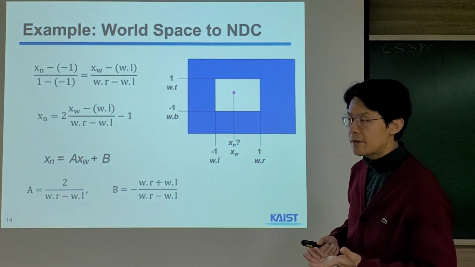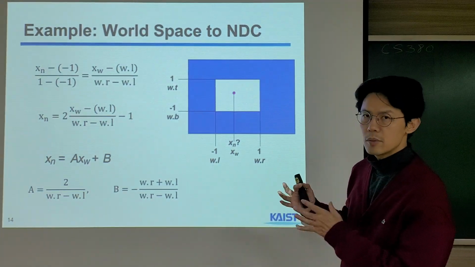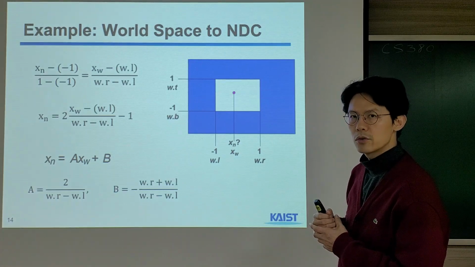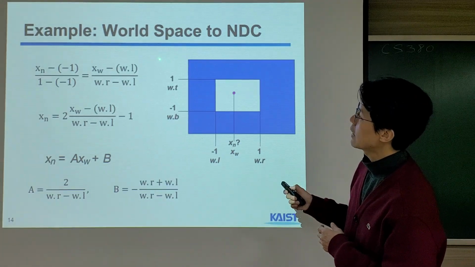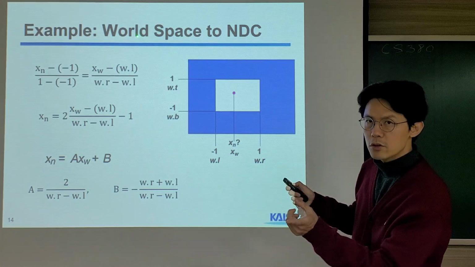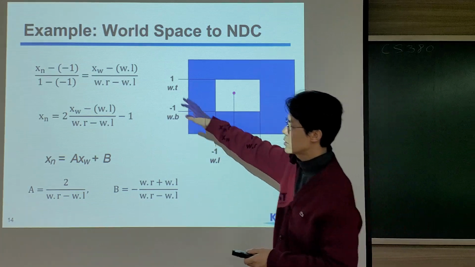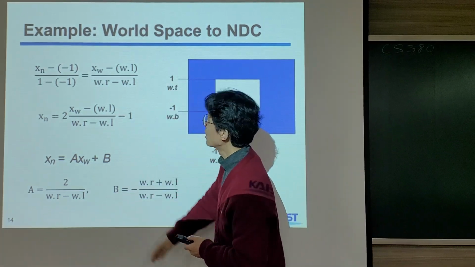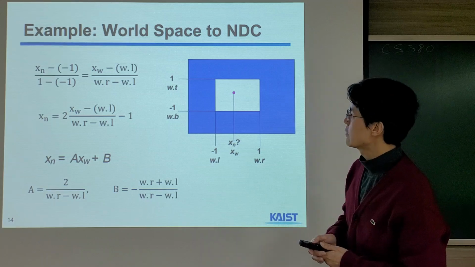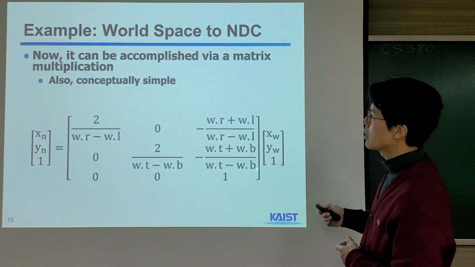Also, last time we talked about the viewport, the simple 2D transformation. It's nothing but mapping the given world space coordinate into some coordinate in the NDC space. We had some derivation, but we can also represent this with matrix multiplication.